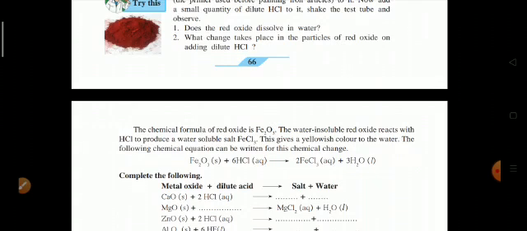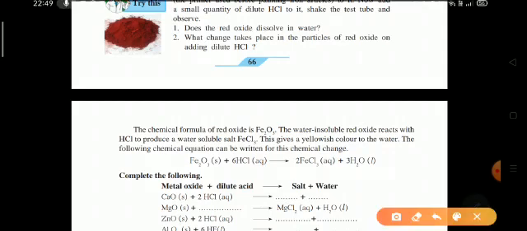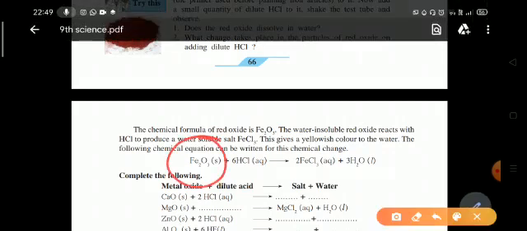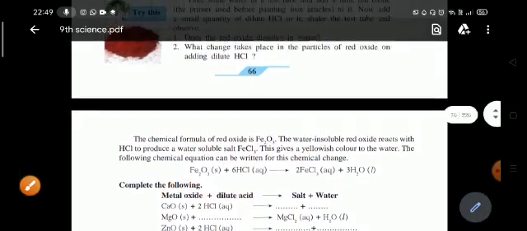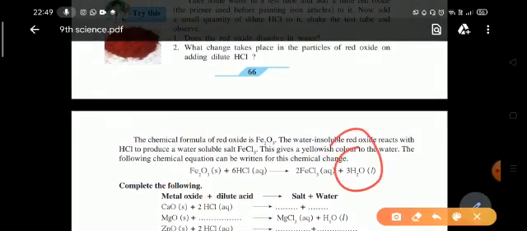The following chemical equation can be written for this chemical change: Fe2O3, when mixed with HCl, gives FeCl3, that is the chlorine combines with the iron present, and as we know, water is formed.